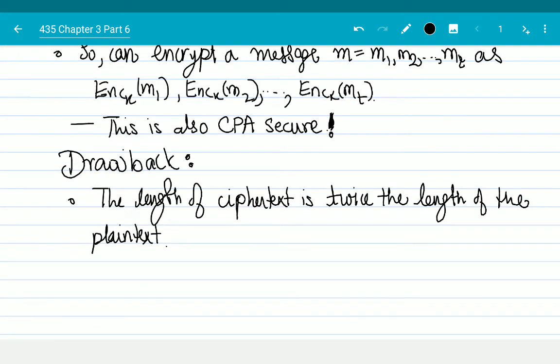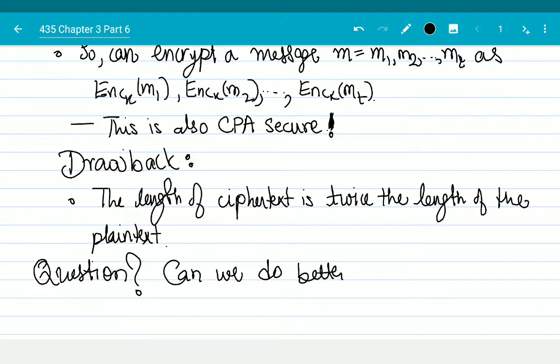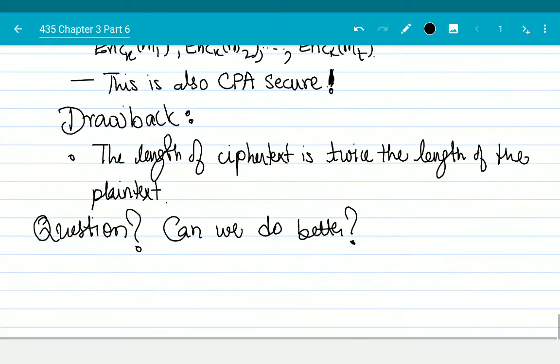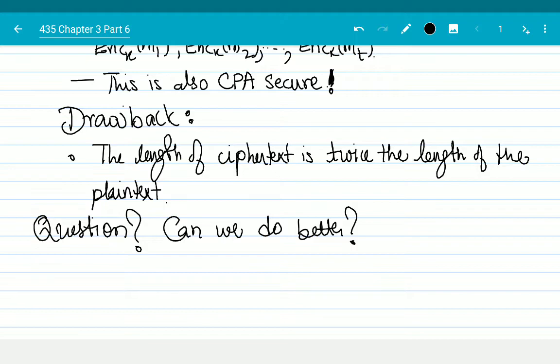Right? So the question becomes, can we do better? And the answer is yes. There are various modes of doing this.